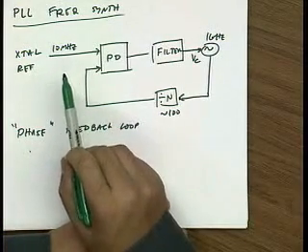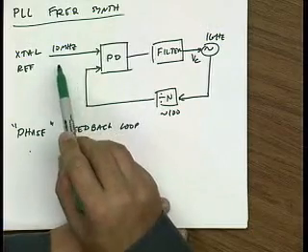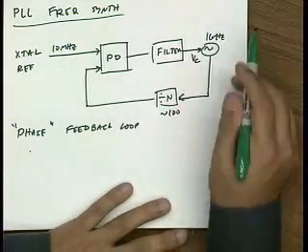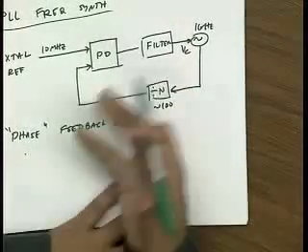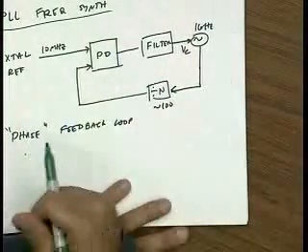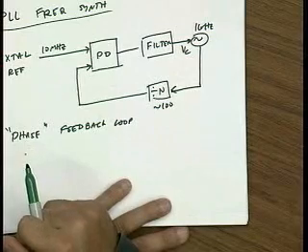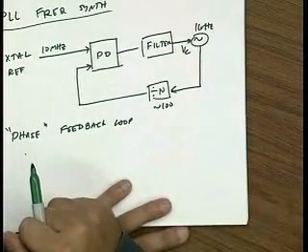So the whole idea is, a free-running LC oscillator has no frequency stability. It has no way of knowing that it's veered off course. It's like a driver driving in the desert, and someone says drive straight.